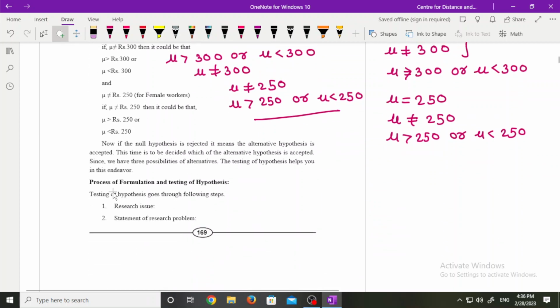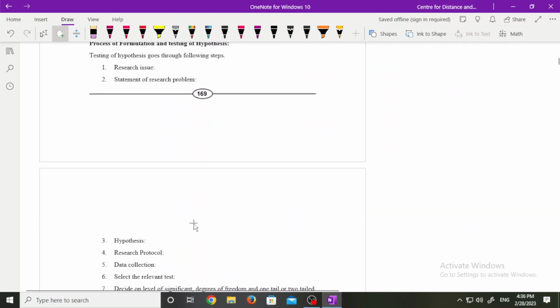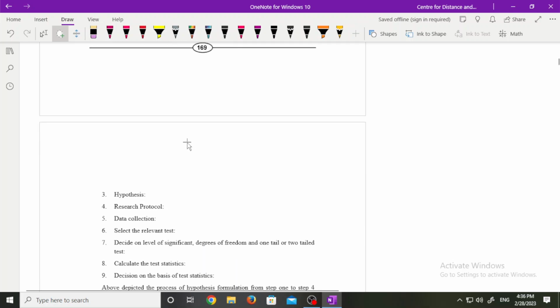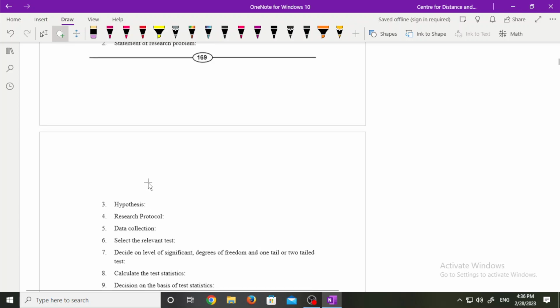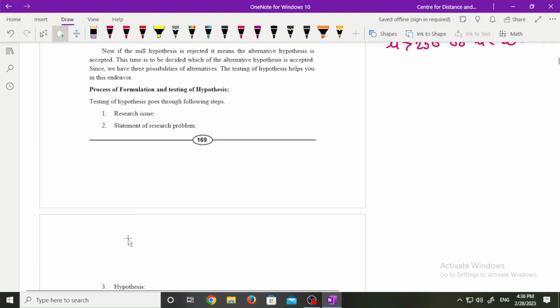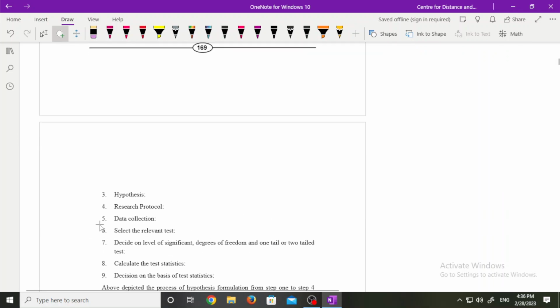Then the process of formulation and testing of hypothesis. There are some steps. First one is our research issue. Second, statement of research problem. Then we have to consider the hypothesis, that is either null hypothesis or alternative hypothesis. Then we have to find out the research protocol.